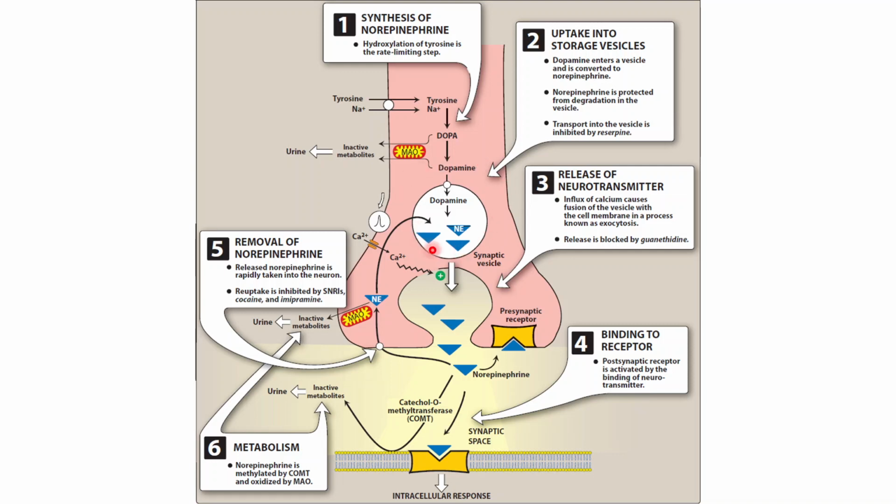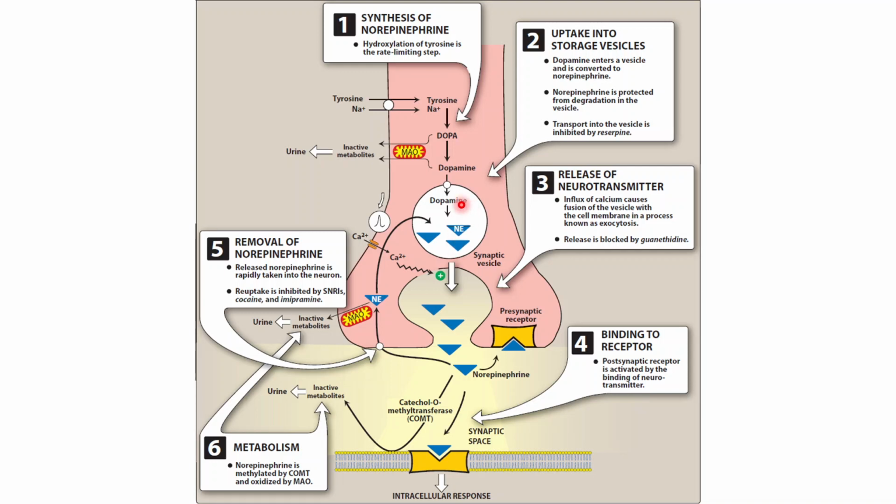Some drugs that inhibit the sympathetic transmission are called sympatholytics. For example, reserpine is a sympatholytic that inhibits the transport of dopamine into the vesicles.